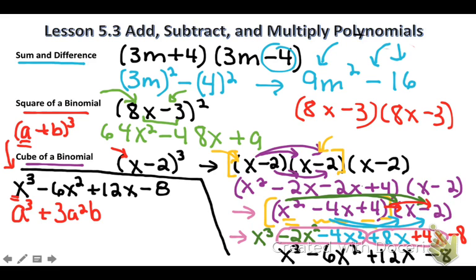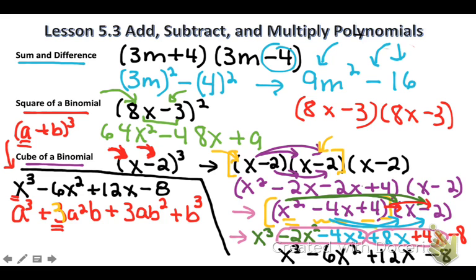So we multiply this term that's squared, this is the b term, and we multiply that by 3. Then we say 3ab squared, so 3 times, again, this is the a value, here's my b squared, and then plus b cubed.